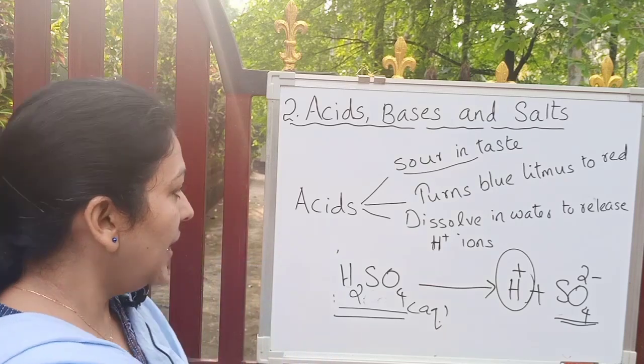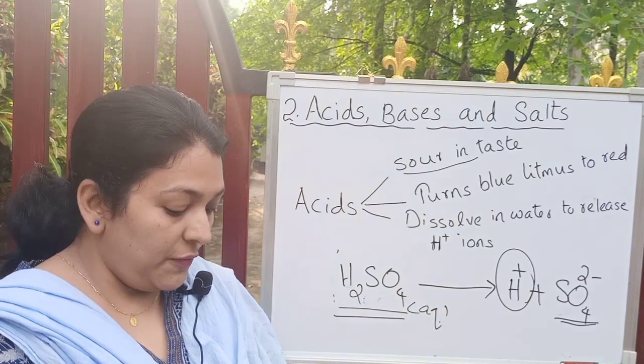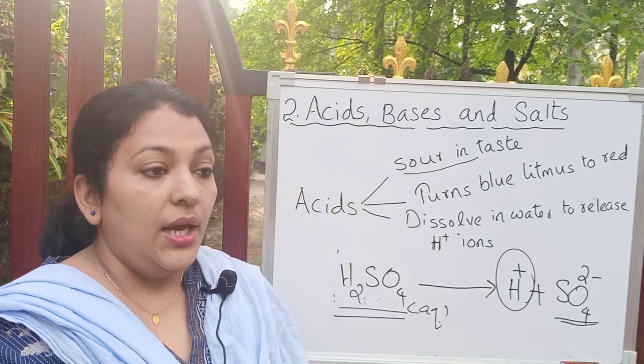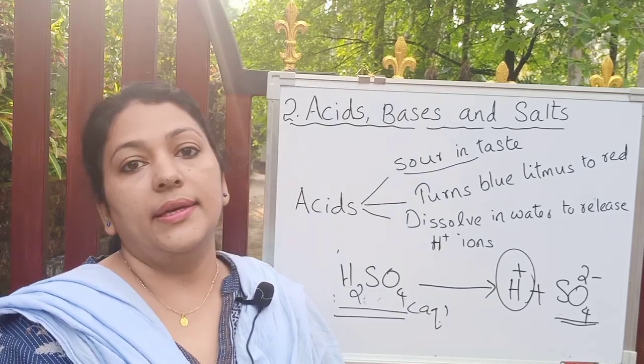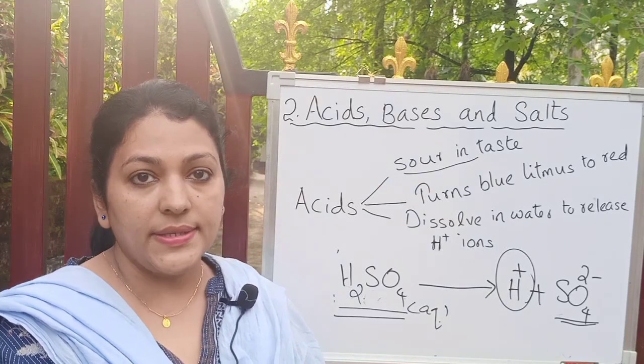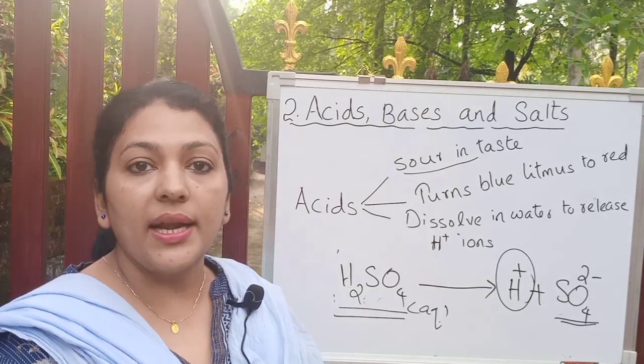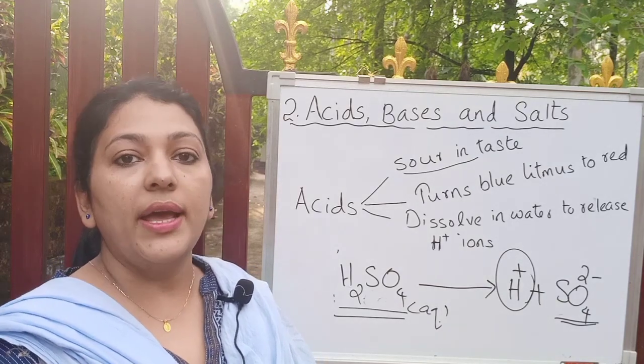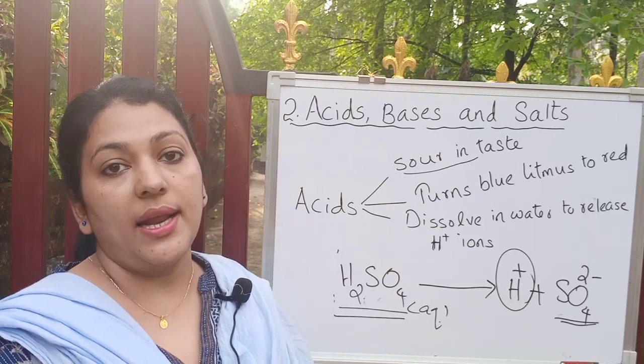Now let's check what are the different types of acids. There are two types: organic acids and mineral acids.